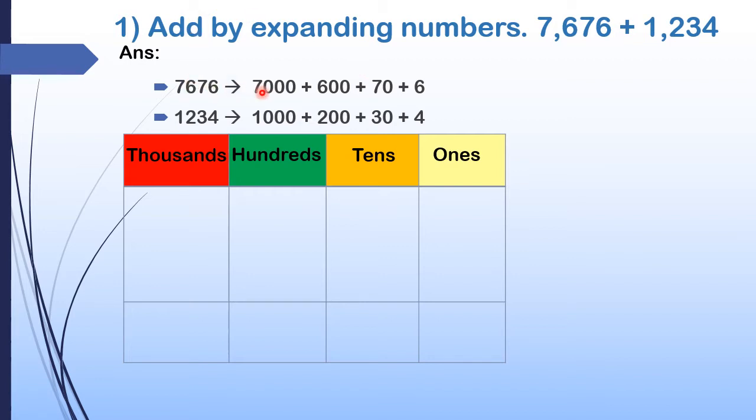First we have to write the 7,000 in thousands column, then 600 in hundreds column, then 70 in tens column, then 6 in ones column. The same way, 1,000 in thousands column, 200 in hundreds column, 30 in tens column, 4 in ones column. Then addition symbol.